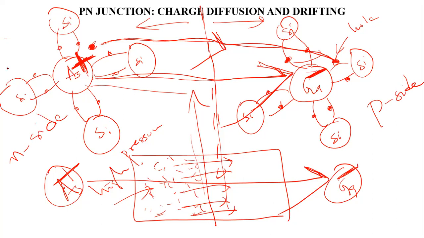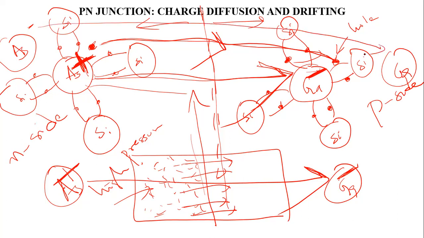If we have some other arsenic atom behind this arsenic atom, and it also tries to donate its electron to this gallium atom here, so by diffusion, if these electrons try to move towards this gallium atom, the already built-in electric field, that is negative ions here, positive ions here, will repel the incoming electrons.